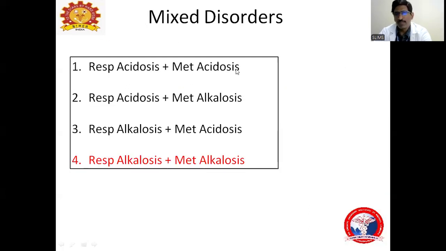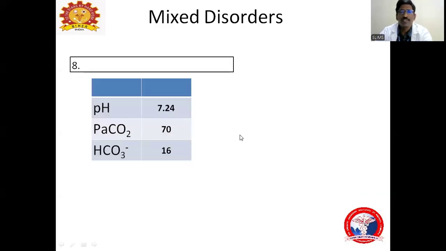Now moving on to the mixed disorders. Respiratory acidosis plus metabolic acidosis. All these four combinations are possible. Now look at this. 7.24 is the pH. So acidosis. 70. Carbon dioxide is raised. It looks like respiratory acidosis. In a respiratory acidosis, bicarbonate also should increase, but here it has decreased.